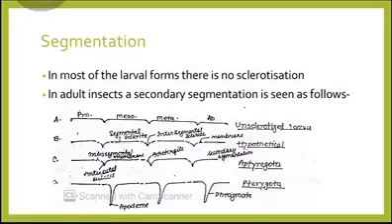This is the typical or hypothetical segmentation. Here we see that between two segments there is a groove which is called as antecostal sulcus. In the groove is present the membrane which we call as the intersegmental membrane, and in this intersegmental membrane there are small sclerites which we call as intersegmental sclerites.